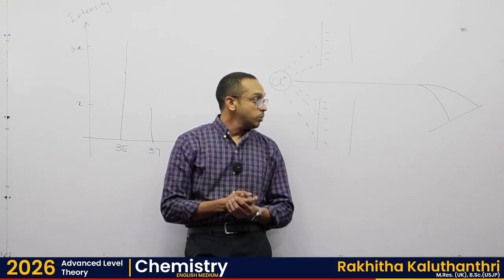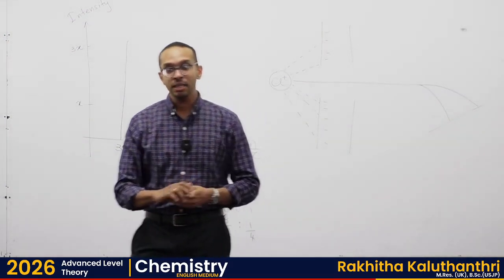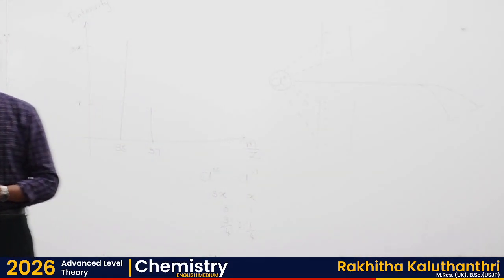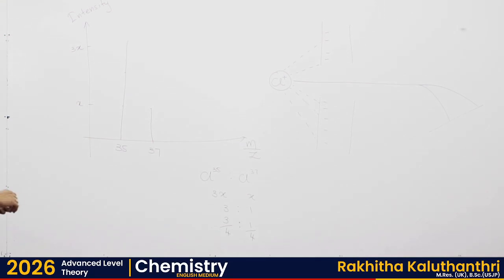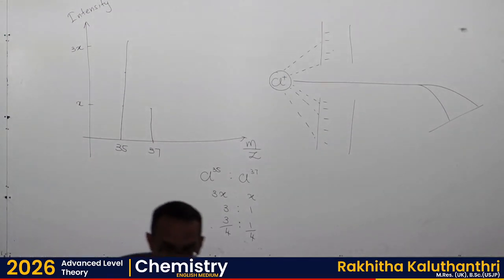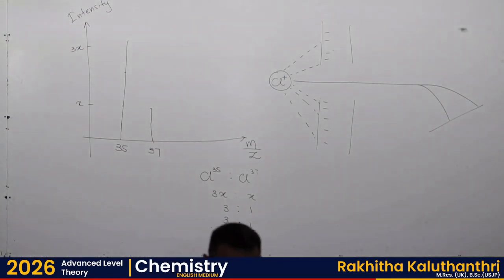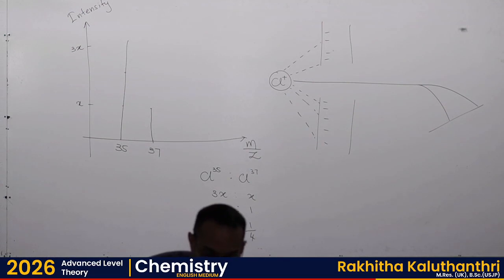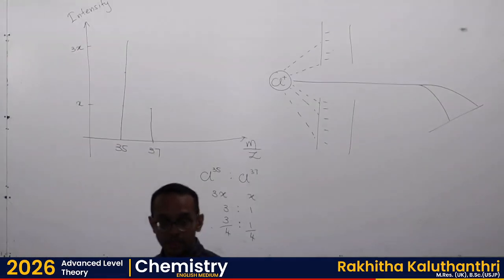Alright, so we will take a small diagram as well as a small note down. The last time we finished the class, the last note was about the mass spectrometer, right?